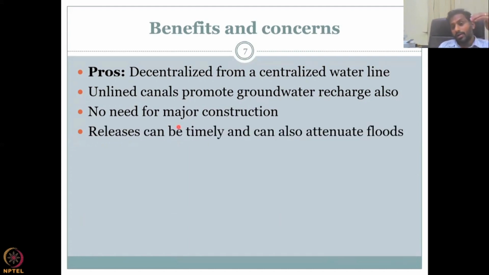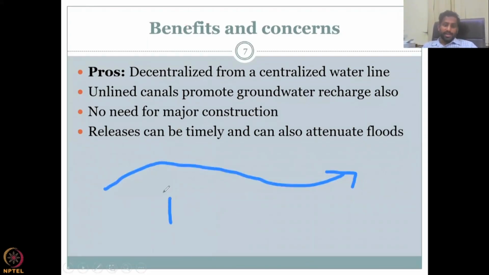Releases can be timely and can also attenuate floods. Suppose there's a major flood in the river. You could use these basins to shift 30% of the flood, 40% of the flood into recharge basins. Think about it. You have a big flood coming. Okay, this is the major stream, and then you have this land.